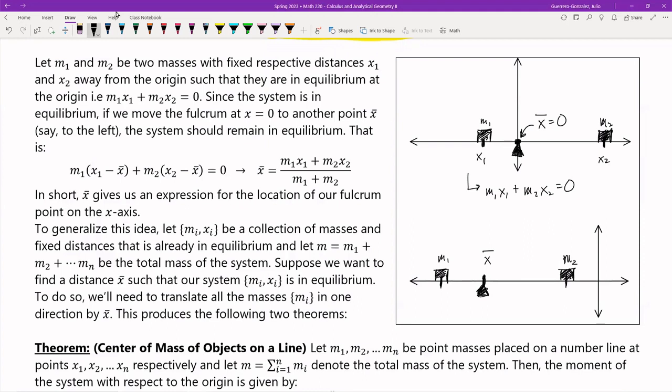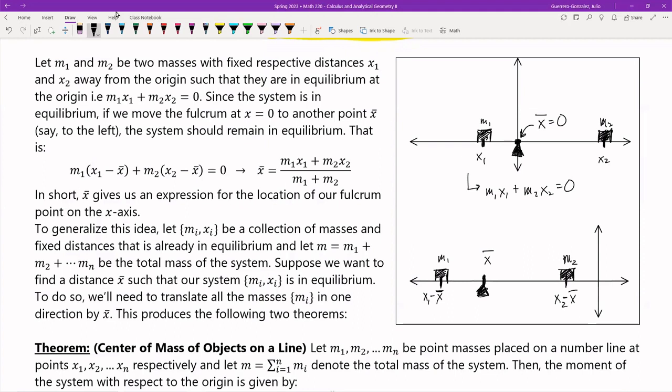So I moved my entire system over. That's all I did. Then the value of this x value right here is going to be x1 minus x bar. And then same thing over here, x2 minus x bar.